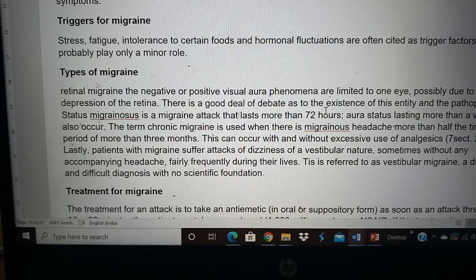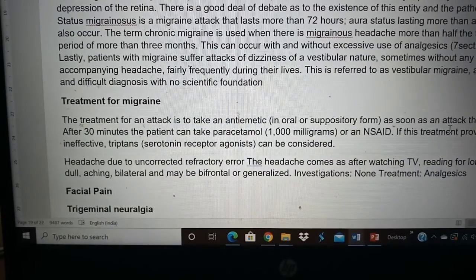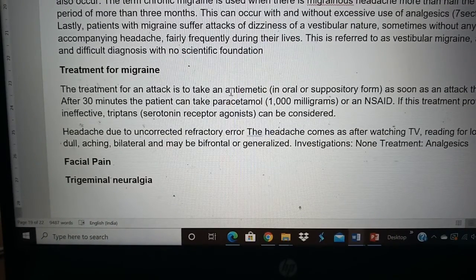It cannot be completely overcome. The other treatment for migraine is that they can usually take antiemetics, and that will help to reduce it. A person can also take paracetamol 1000 mg, or any non-steroidal anti-inflammatory drugs can be given.